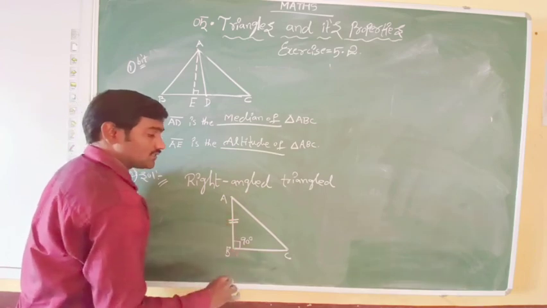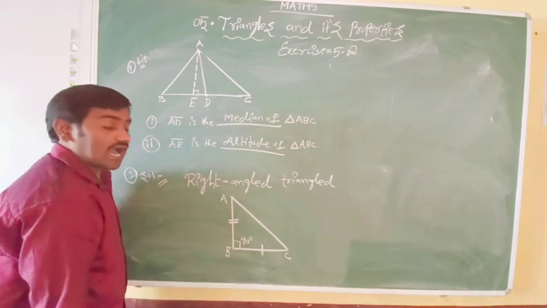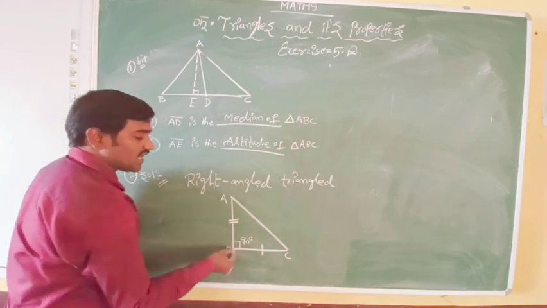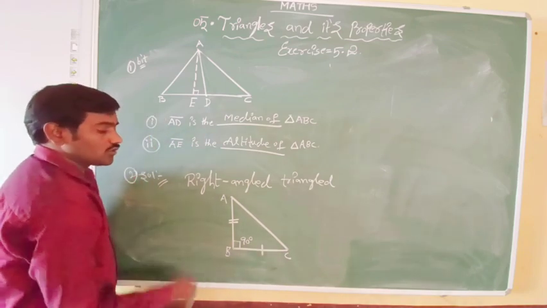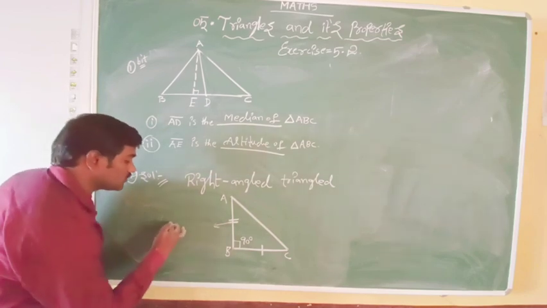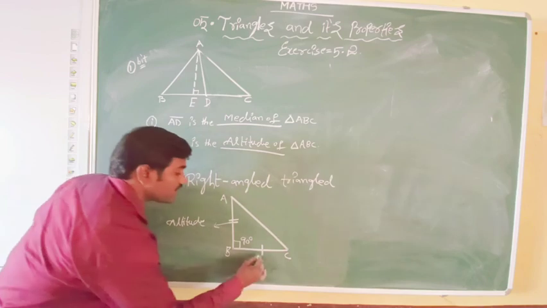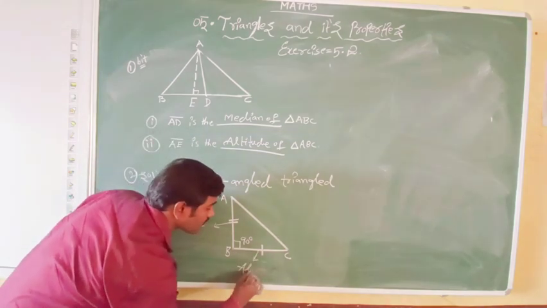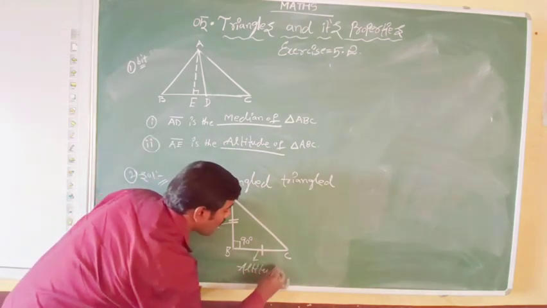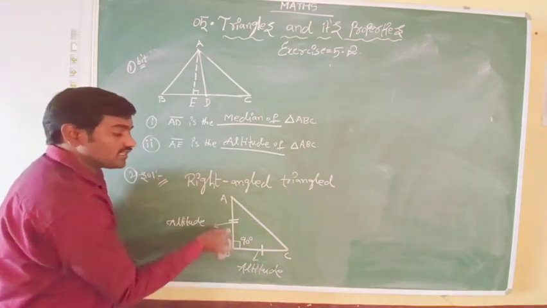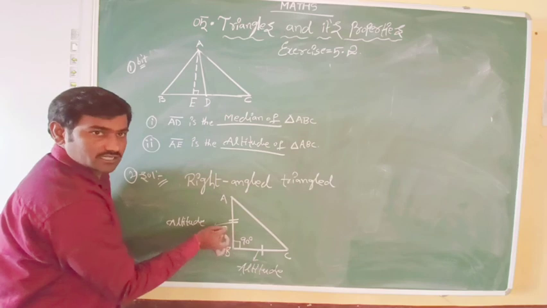Then these two sides are known as altitudes, because AB is perpendicular to BC and BC is also perpendicular to AB. So this is an altitude, and this also will be an altitude. So these two altitudes are also the sides of the triangle itself.